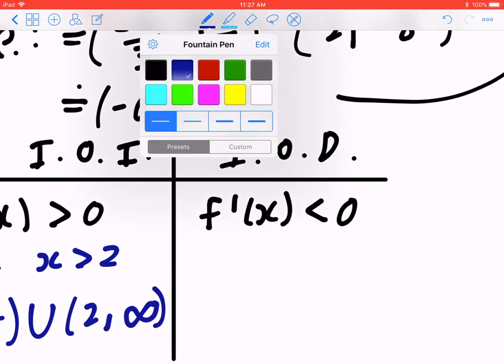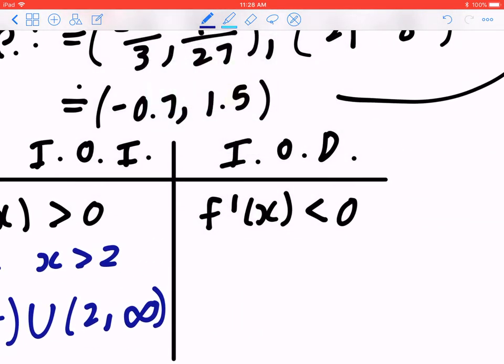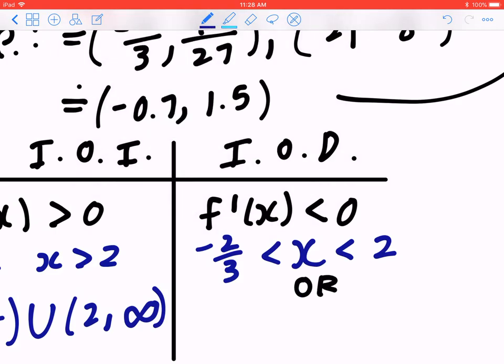Likewise, the interval of decrease occurs when x is between negative 2 over 3 and 2, or in interval notation, between negative 2 over 3 and 2, just like that.